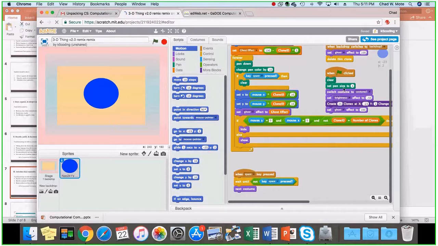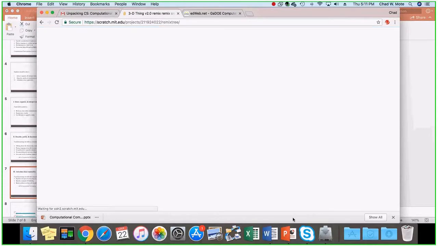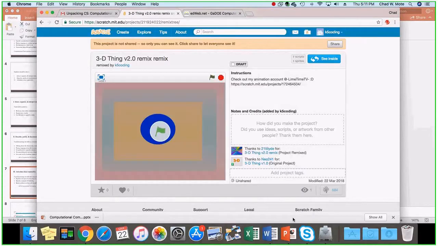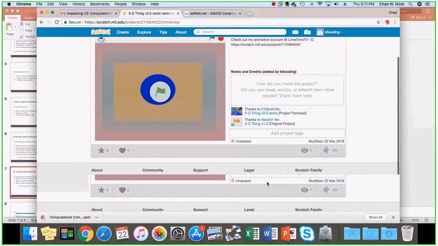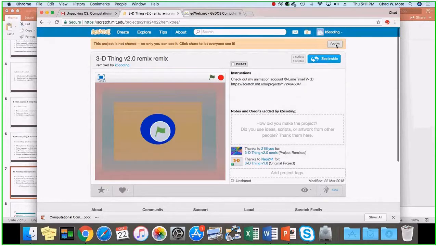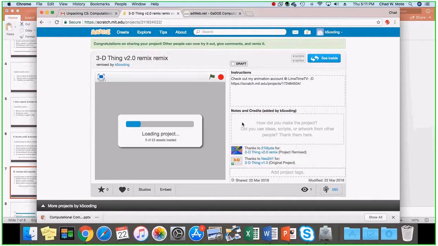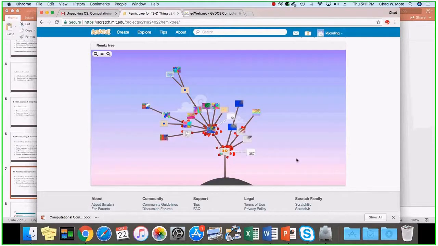We've talked about that before. But what I love about Scratch is I can view the remix tree. Yeah, I looked at it earlier. Actually, I think because I saved it, I wasn't able to see it being remixed.